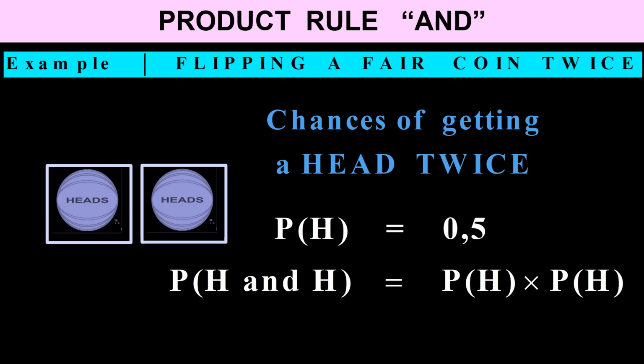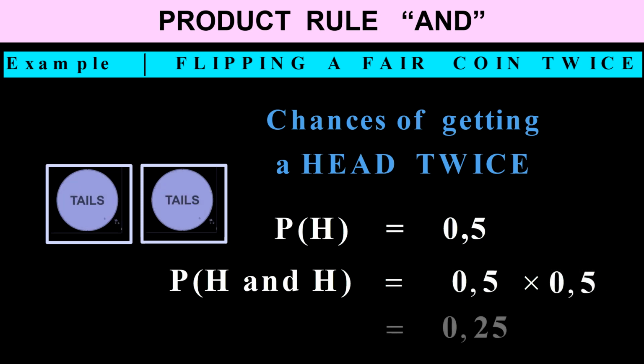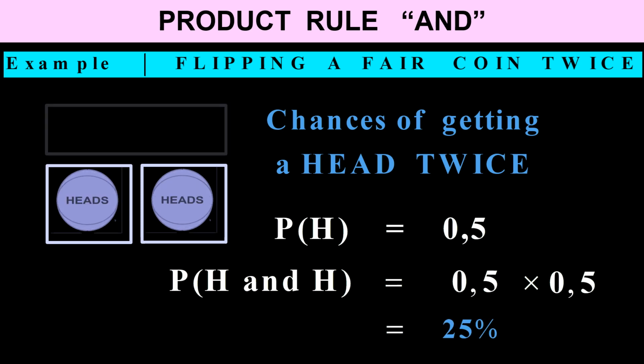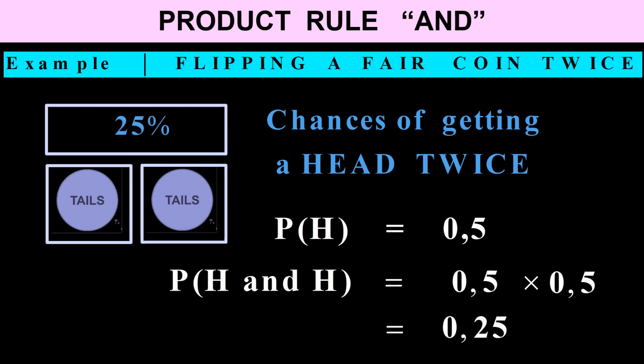And what's the probability of getting a head? 0.5. So it's 0.5 times 0.5, and calculating that we get 0.25, being 25%. So the chance of getting a head twice is 25%.